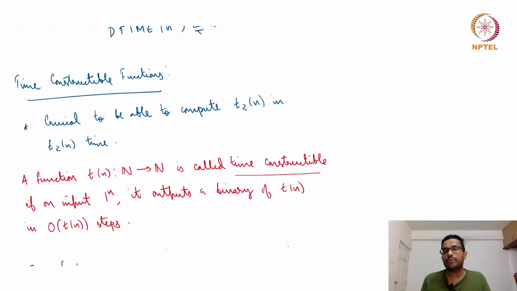The function T2 should be computable in T2(n) time, and this is what time constructibility is.